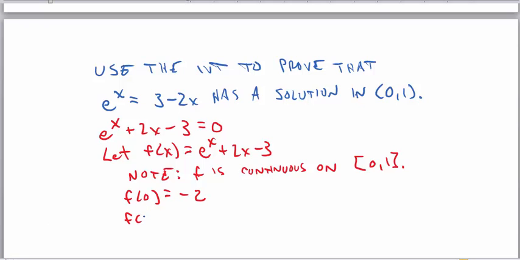And then when I substitute 1, I would have e plus 2 minus 3. So it's really e minus 1. And what is e minus 1? It's roughly 2.7 minus 1, so it's roughly 1.718, approximately.